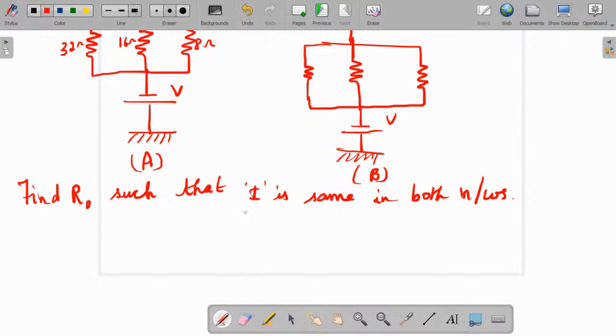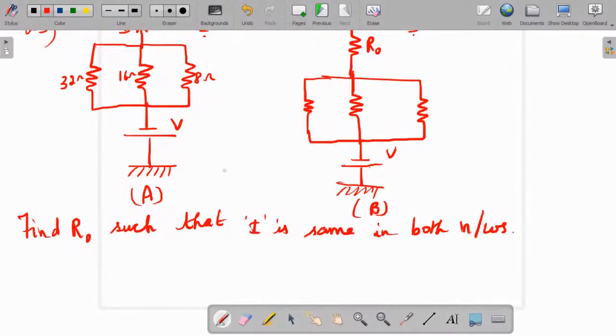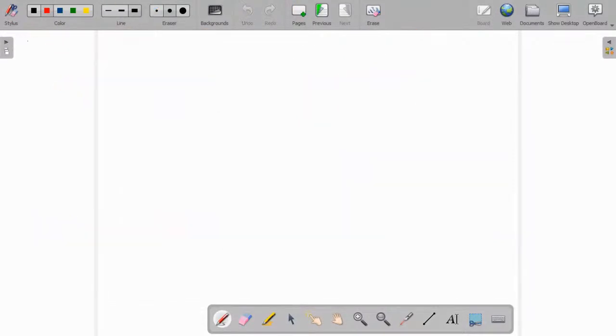Next, question number 4. Find C equivalent across the AB terminals.